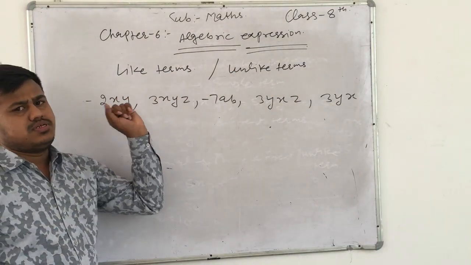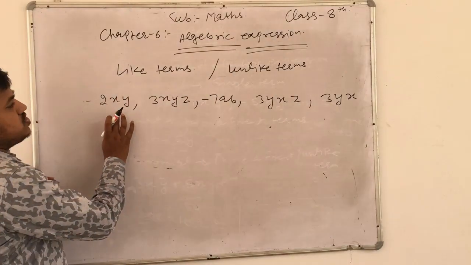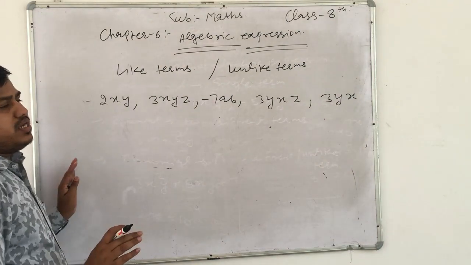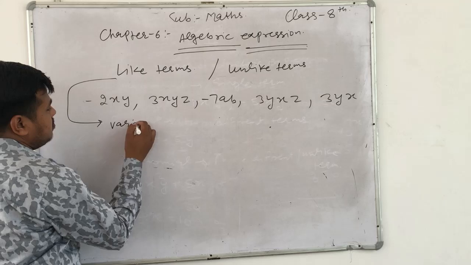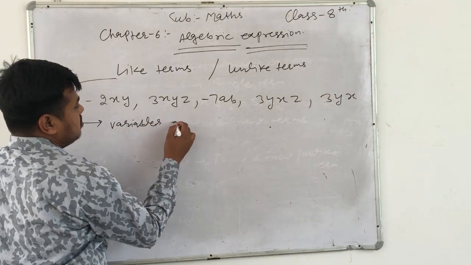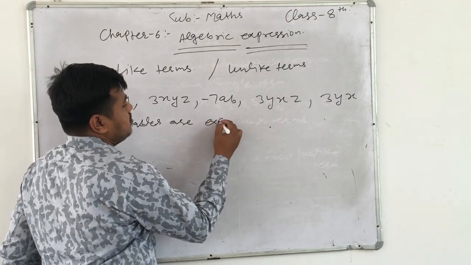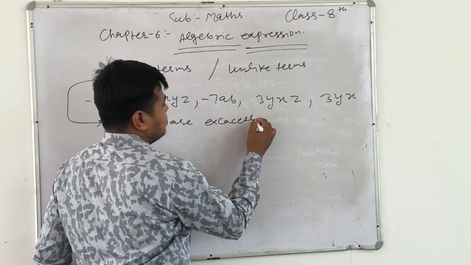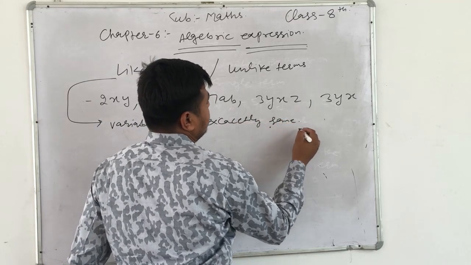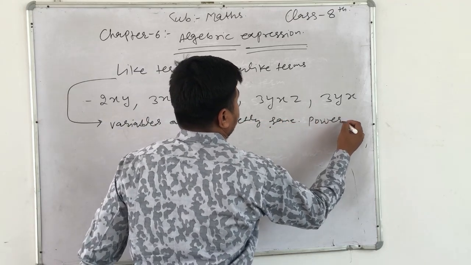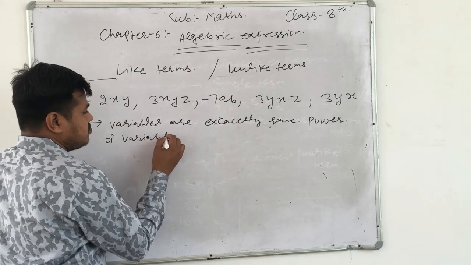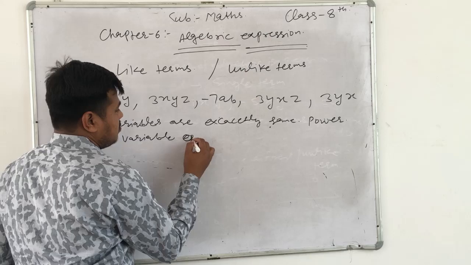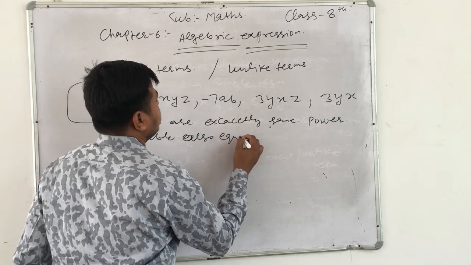So, finding the like terms. Like term means in which the variables are exactly the same and the power of the variables is also equal.